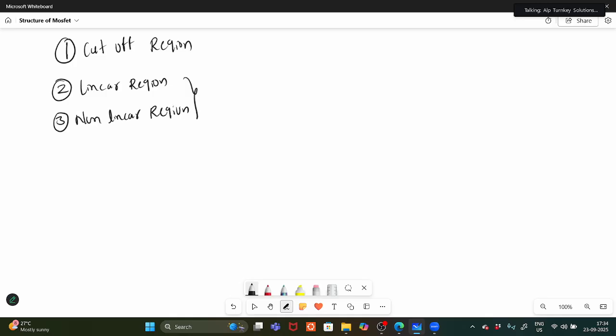Linear region and non-linear region we call the triode region. This you remember, triode region. And then the saturation region.